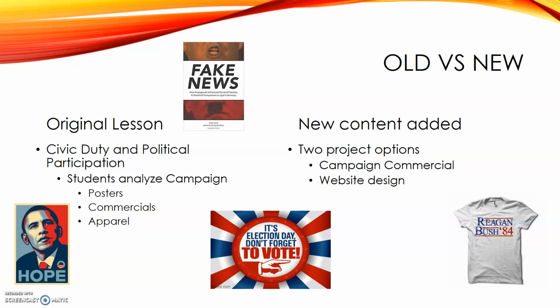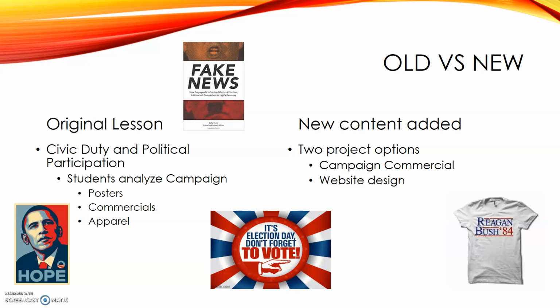Okay, but what we are going to be adding to the curriculum, as you can see, is two project options to really see if the students understand how effective propaganda is. So there are two choices. They have the campaign commercial, as well as creating a website.